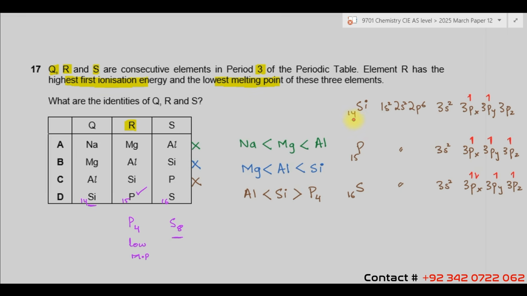Okay, so for silicon, as we can see, the atomic number is lower. So as atomic number increases, ionization energy also increases because size of atom will decrease further. So silicon has lowest ionization energy.